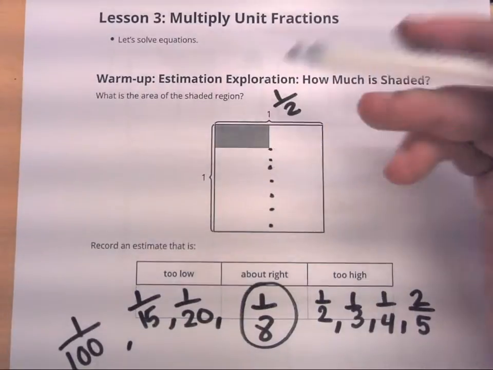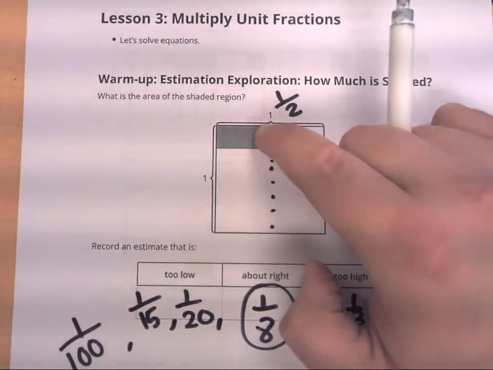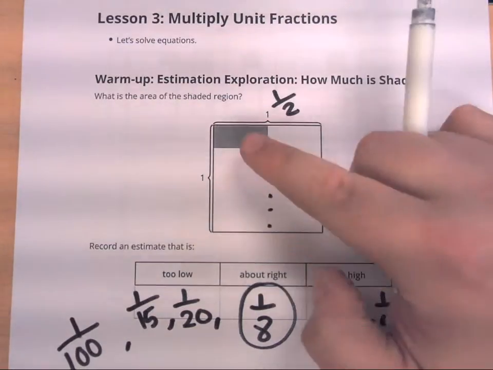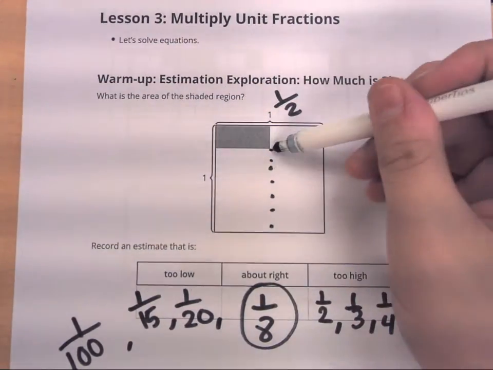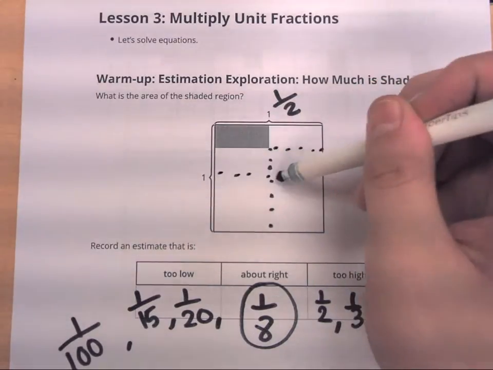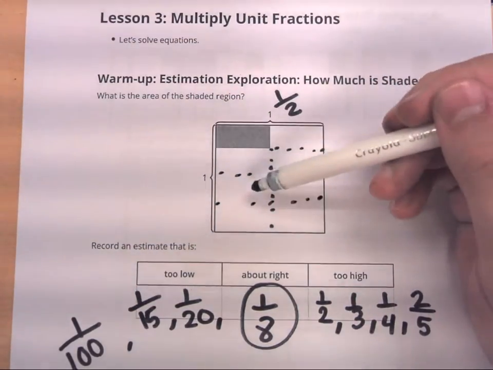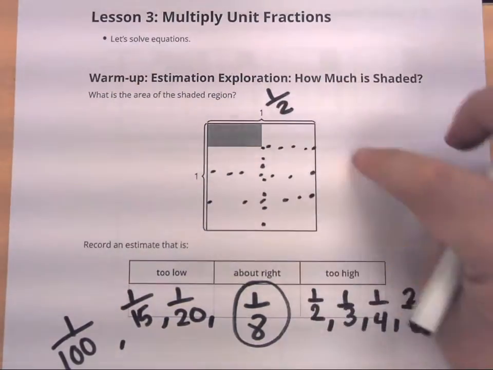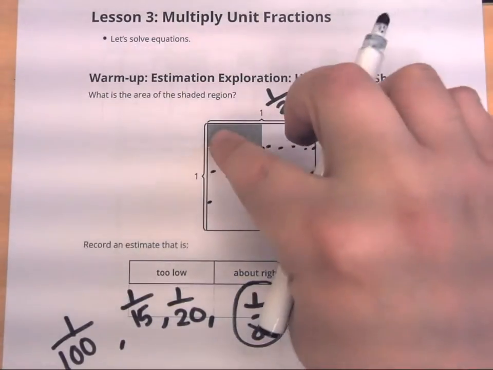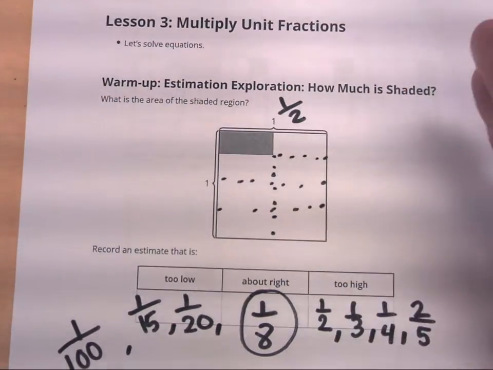And then they thought, well, how many of these areas represented here does it appear that the half has been divided into? And a lot of students thought, well, I think it would be about 4. And once they did that, they realized, well, this is one piece out of 8 equal-sized pieces it would take to create the whole. And so that was really exciting.